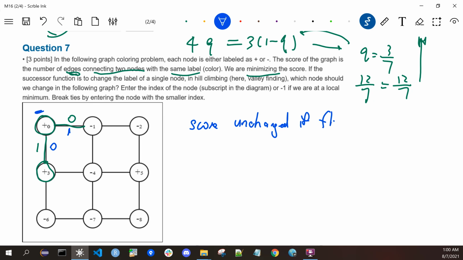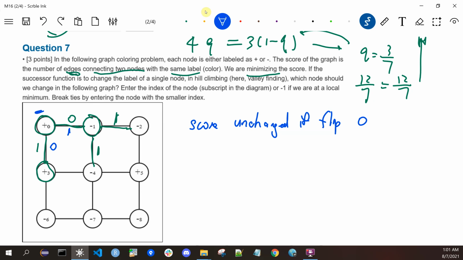If we flip node 0, we'll continue this process. Originally, if we look at node 1, then this edge is 0, this edge is 1, same color is 1, different color is 0. So this edge is 1. If we flip, then we are changing this to a plus.